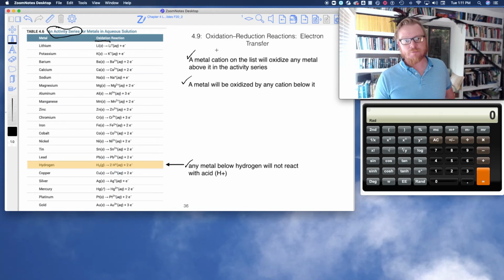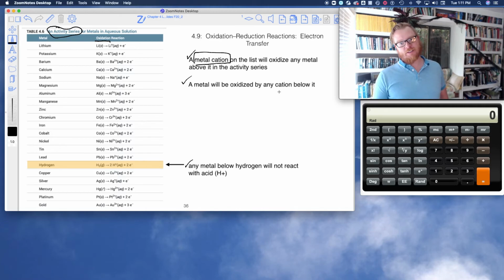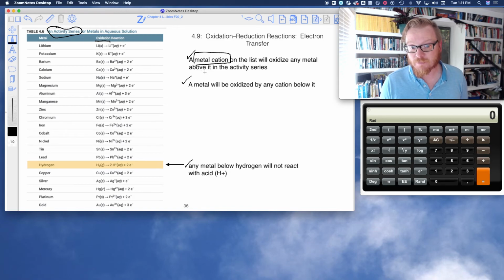A metal cation, I'm going to box that. A metal cation on the list will oxidize any metal above it in the activity series. That's the same thing as saying a metal, not a metal cation, but a metal will be oxidized by any cation below it.